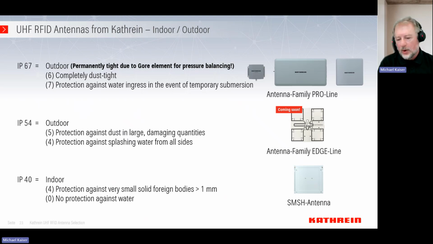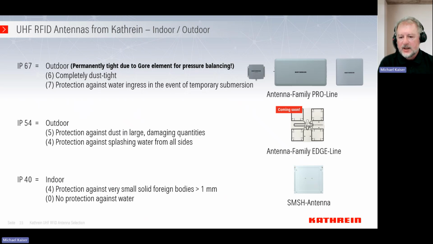When we have now this GORE element, which we have for most of the antennas of the Pro line, then we do not have this problem with the bending of the gasket, because the hot air inside can breathe, can go out, depending on the different air pressure.